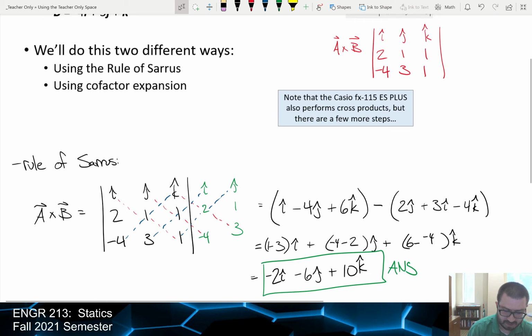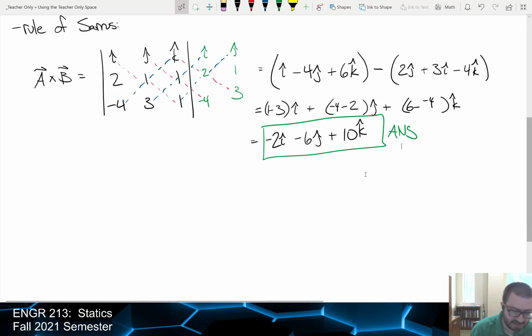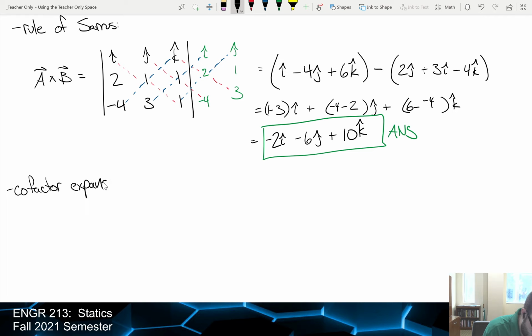Now, the other way of doing the cross product, I think by hand, that is easiest, is cofactor expansion. So what about cofactor expansion? Let's rewrite it.